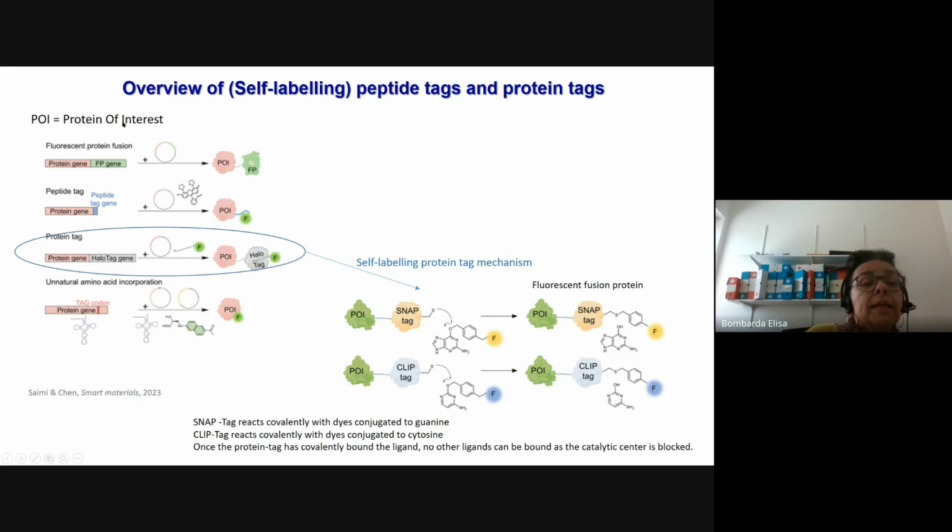So here is practically a sort of overview of protein level labeling, using actually a protein or a peptide.